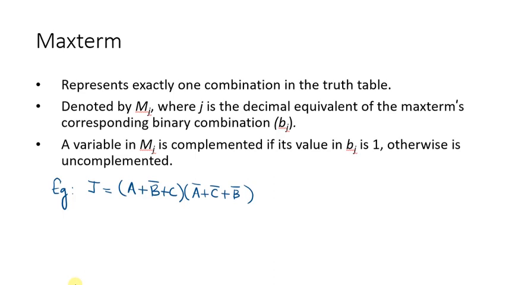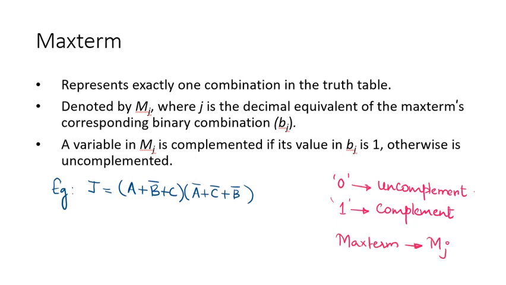So this function J can be represented as 010 and 111. 010 is equivalent to M2 and 111 is equivalent to M7. So 2 and 7 correspond to the subscript that is denoted by the letter j.